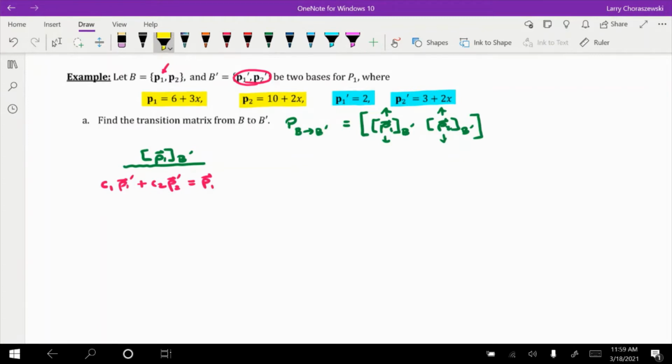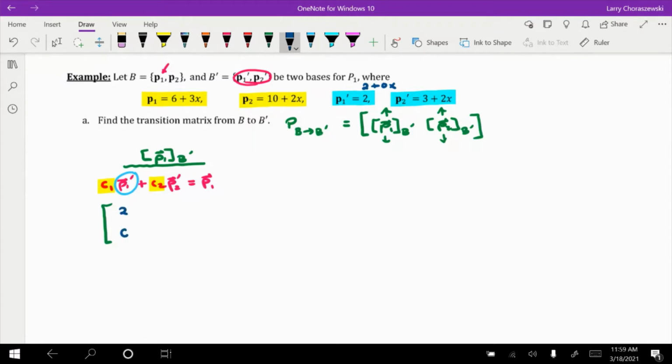And what we can do is jump to an augmented matrix to help us solve for C1 and C2. And here's how you'll construct this augmented matrix. In the first column, we're going to populate it with the coefficients of P1 prime. Now, if you look at P1 prime, we could rewrite 2 as 2 plus 0x. So the coefficients of P1 prime are going to be 2 and 0.